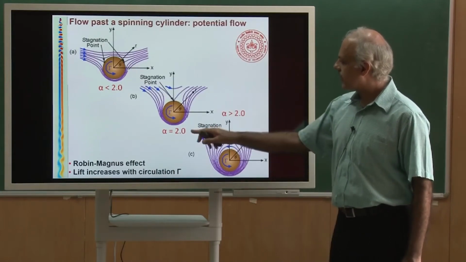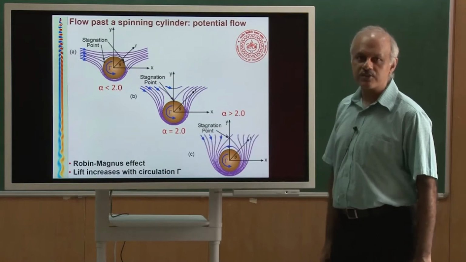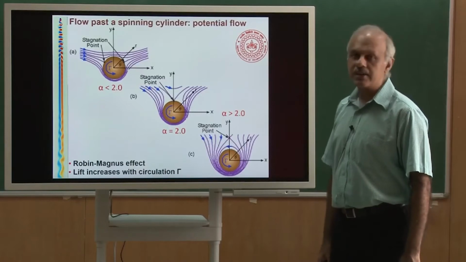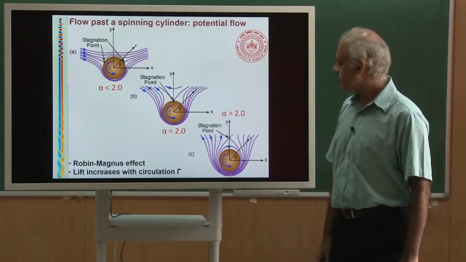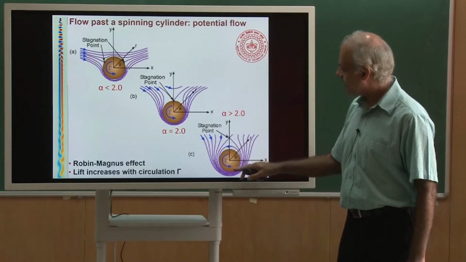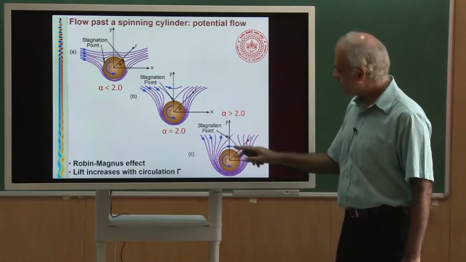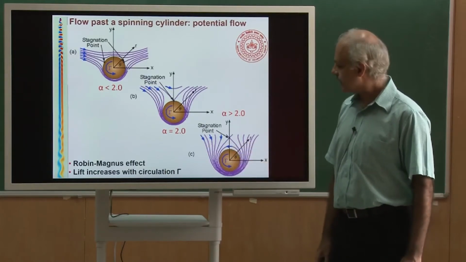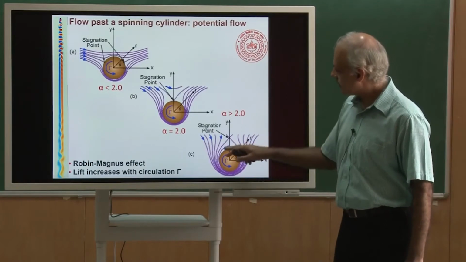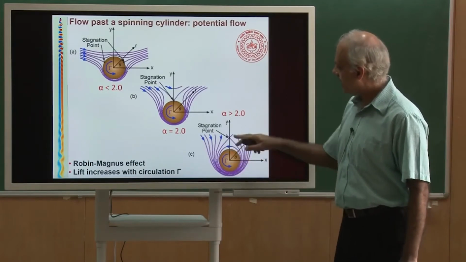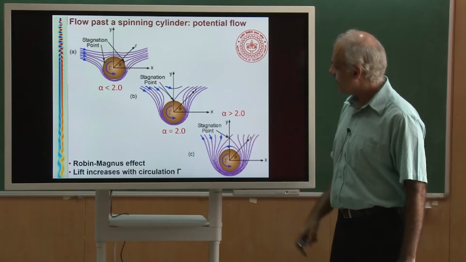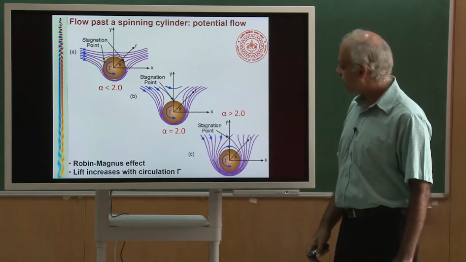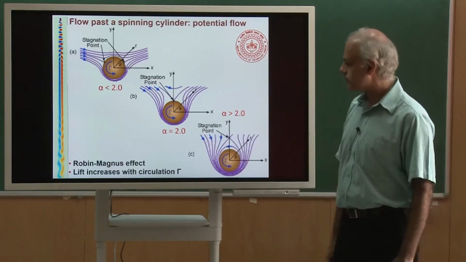The interesting part is when alpha goes more than 2.0. We are now spinning the cylinder so that the tip speed is more than twice that of the free stream, and now we get this ring. There is a ring of fluid that spins with the cylinder, not at the same speed, the speed is different, but these are streamlines now which are closed, and then you get the stagnation point, and the streamlines come below it and far away, they would again align with the flow.